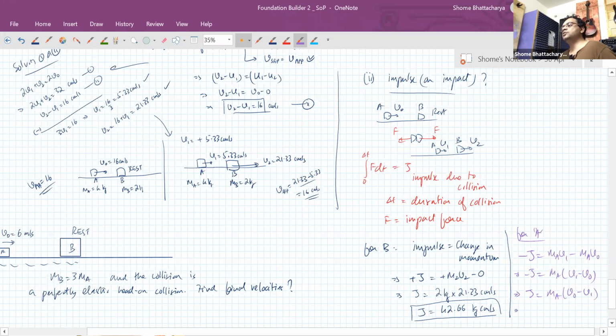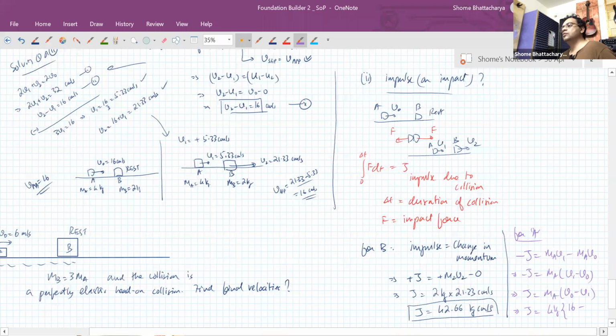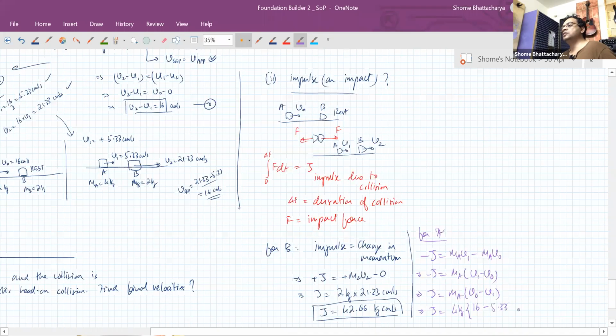Now, if you substitute the values, you'll get the same magnitude of impulse because, of course, these are an action-reaction pair. Mass of A was 4 kg, the initial velocity was 16, whereas the final was 5.33.